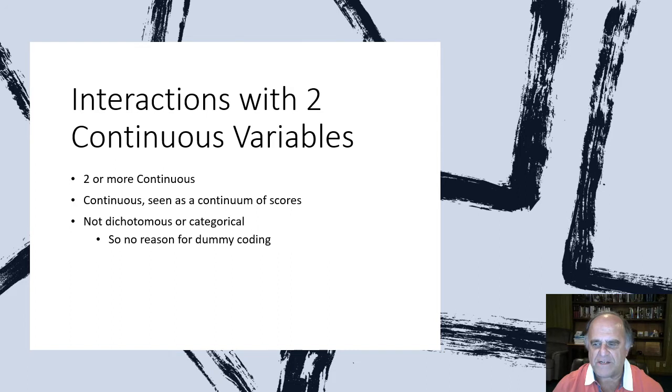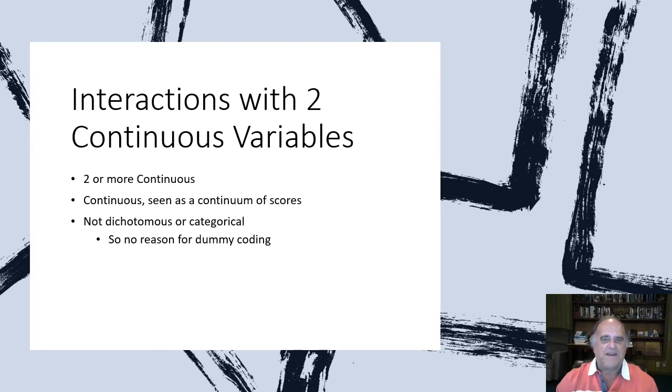In this part, well, actually this class, because it'll be next class where we discuss categorical moderators. In this class, we're dealing with interactions between two continuous variables. Of course, it could also be two or more continuous variables. By continuous, we just mean a variable where there's a continuum of scores, probably at least 5, and we can treat it as being interval level data.